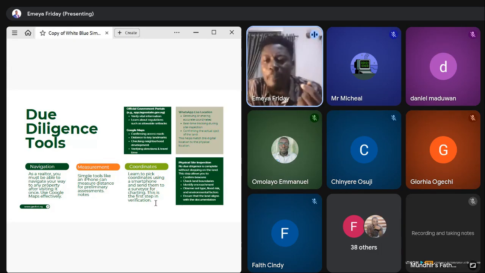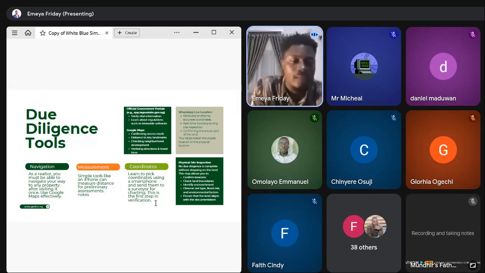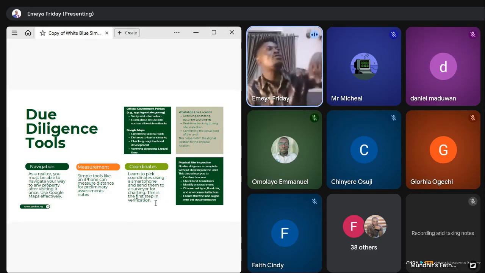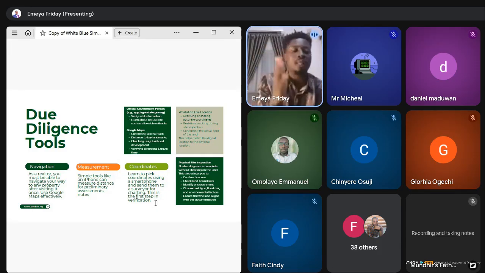When you step on site, it also helps you ensure that the land aligns with the document. Some companies will just give you a document. This is the survey plan, this is the layout. In fact, pick any plot. But when you get to site, you'll be able to align this survey plan. You said there's an access road here. Where is the road on site? I can't find the road.